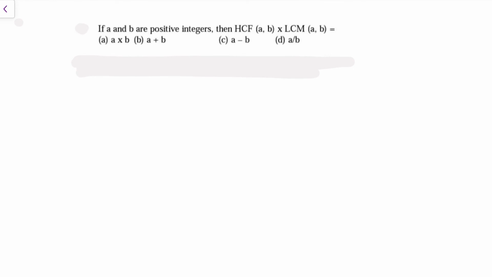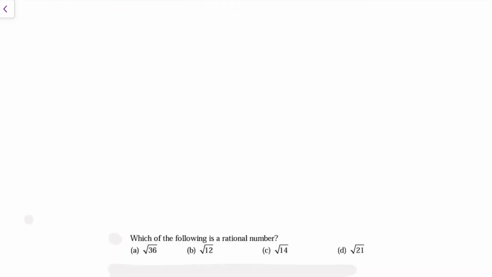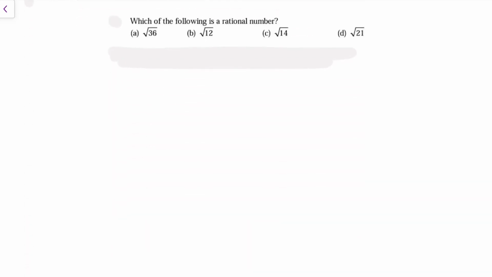If A and B are positive integers, then HCF into LCM is equal to, this is a simple formula as usual. HCF into LCM is equal to the product of the two numbers. So in this case the numbers are given as A and B, so the product of those numbers, that is A into B, is the answer. HCF into LCM is equal to A into B. Already based on this we solved problems also, so we can say perfectly now.